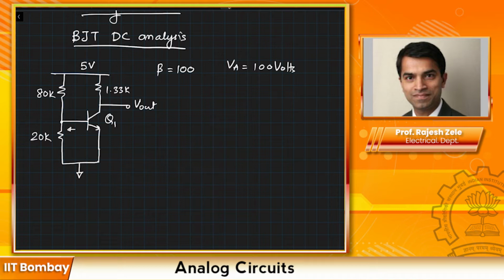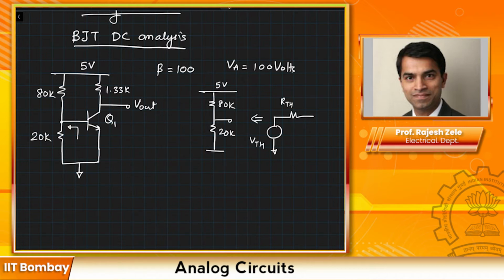First, we will look at the Thevenin equivalent looking back this way. Refreshing your memory, if you have two resistors like this and you have 5 volts, then the Thevenin equivalent is going to look like a voltage source VTH and a Thevenin resistance RTH. What is the value of VTH? We look at the open circuit voltage, and that is going to be 1 volt.